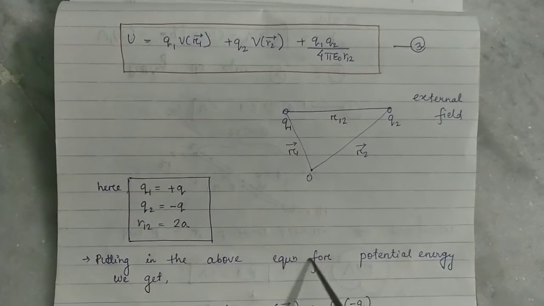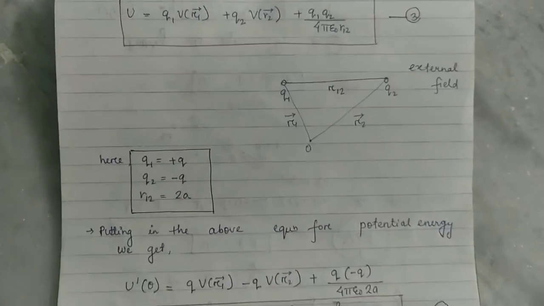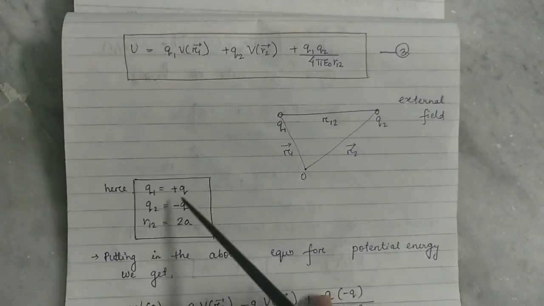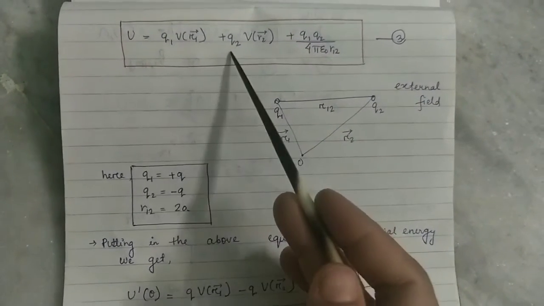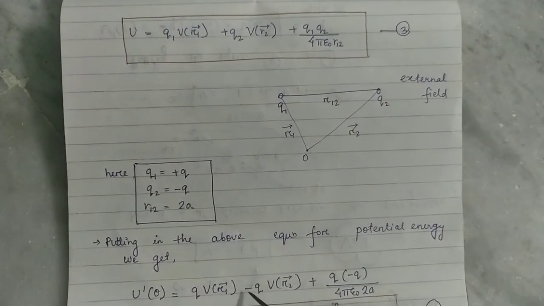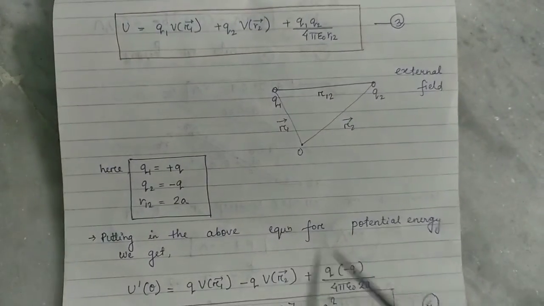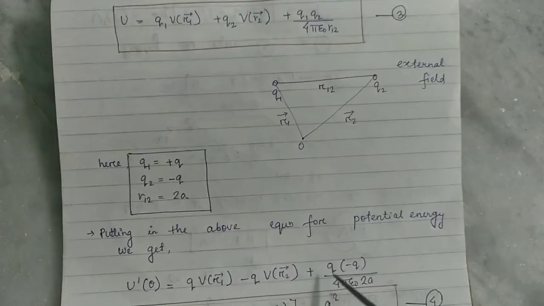So putting the above equation for potential energy, what will we get? Potential energy U dash theta. In place of Q1 you put plus Q, so it is Q V R1. In place of Q2 you put minus Q, so it is minus Q V R2. Now Q1 times Q2 is Q times minus Q, over 4 pi epsilon naught, which is a constant.